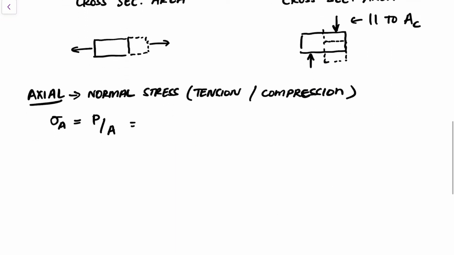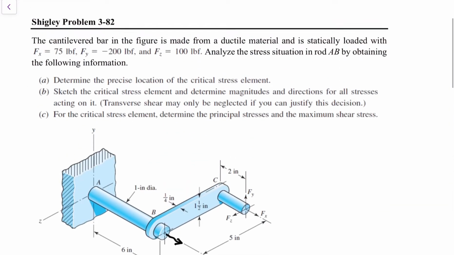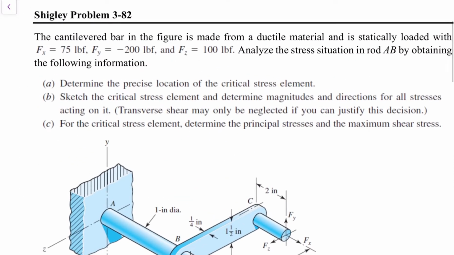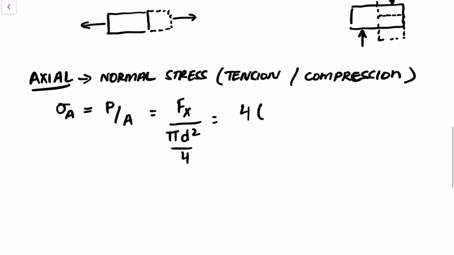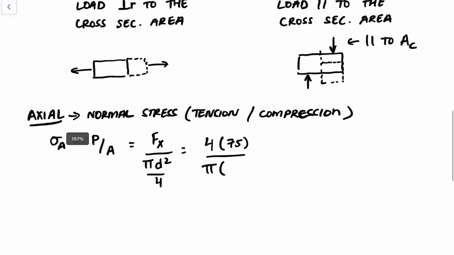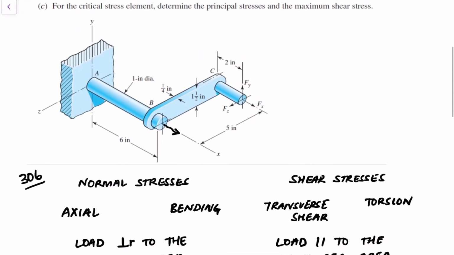So the load we have is Fx, and the cross-sectional area is that of a round beam, so that's pi d squared over 4. So that's 4 times, and then Fx is given to us as positive 75 pounds of force. So that's 4 times 75 over pi, and now we need to substitute the diameter of the rod AB, which is 1 inch.